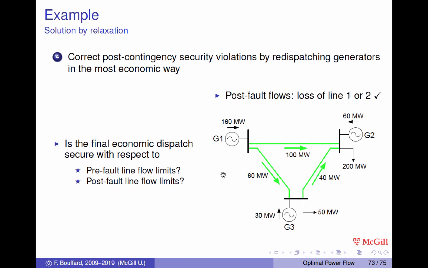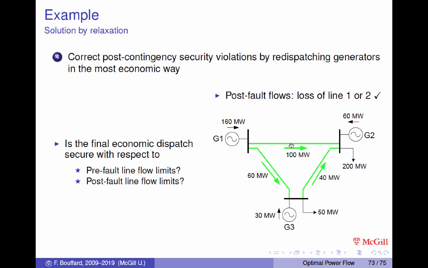And if we lose any line, so line 1, so here if we lose line 1 or line 2, well, my line here is still capable of taking 100, still capable to push 60 down here, and we're capable of maintaining secure operations.